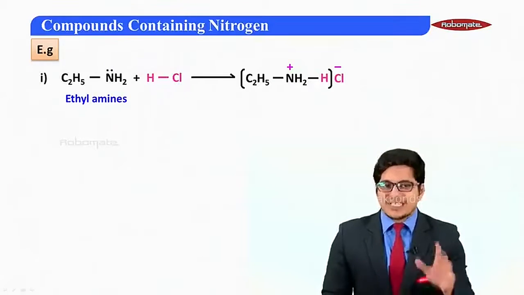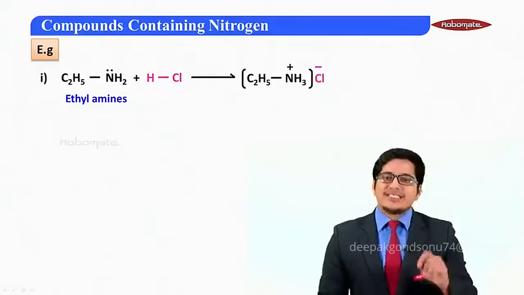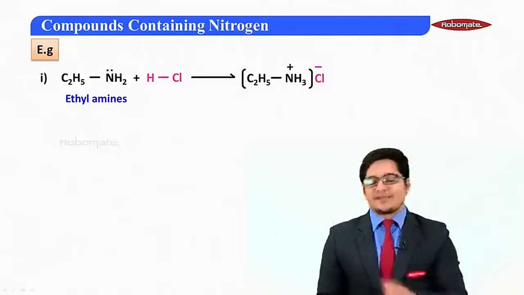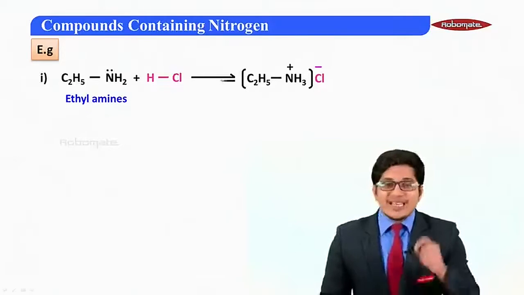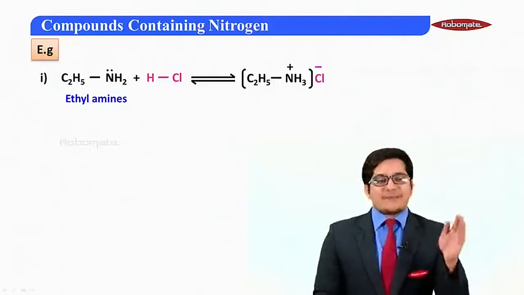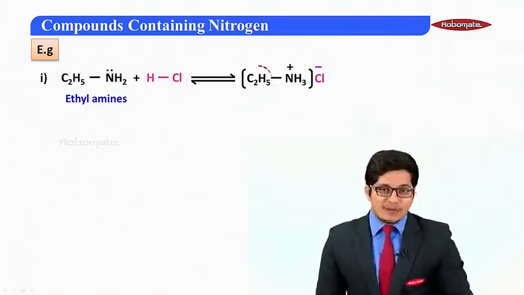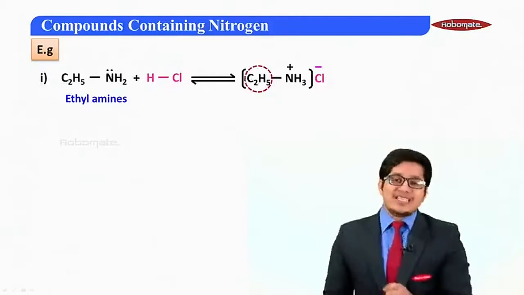This can be rewritten as C2H5NH3 positive, Cl negative. If this compound dissociates, the reaction is reversed and we obtain ethylamine again.